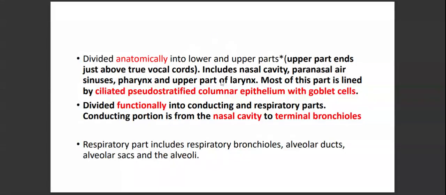So it is very important to understand these kinds of divisions. You must be able to comfortably define the boundaries in terms of anatomical division and functional division.